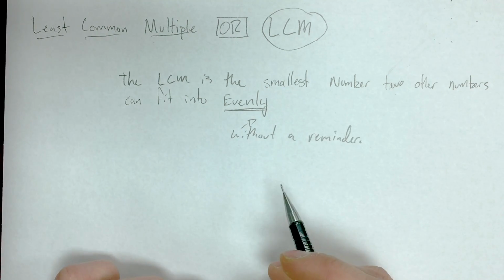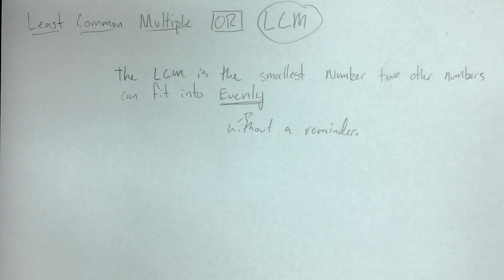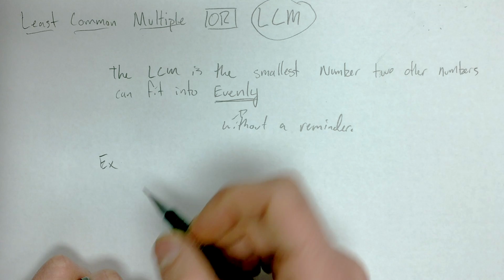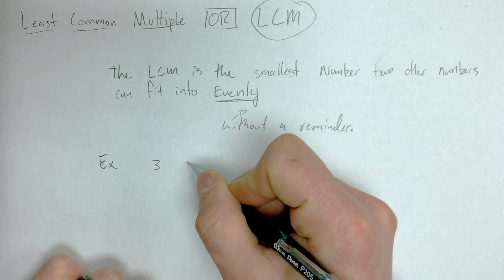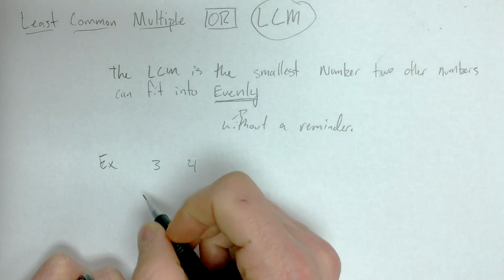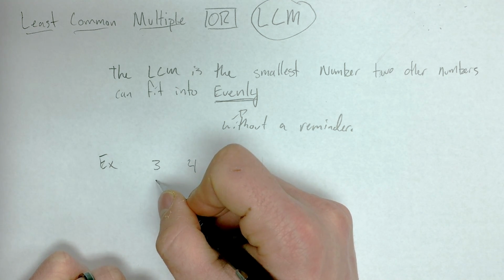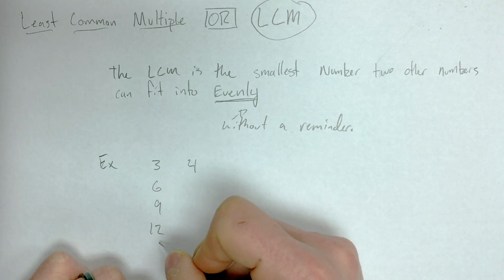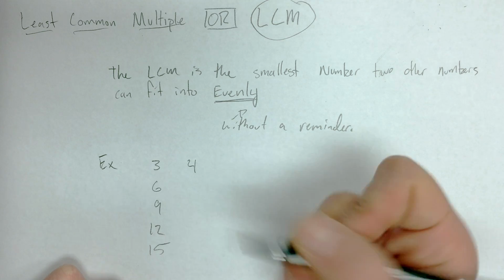Evenly. All right, so an example would be, what is the least common multiple of 3 and 4? Okay, so you could count by 3s and 4s. You could say 3, 6, 9, 12, 15, and you can go so on.